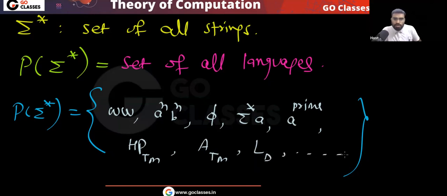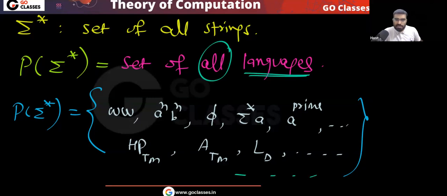So basically, power set of sigma star is the set of all languages. Remember.